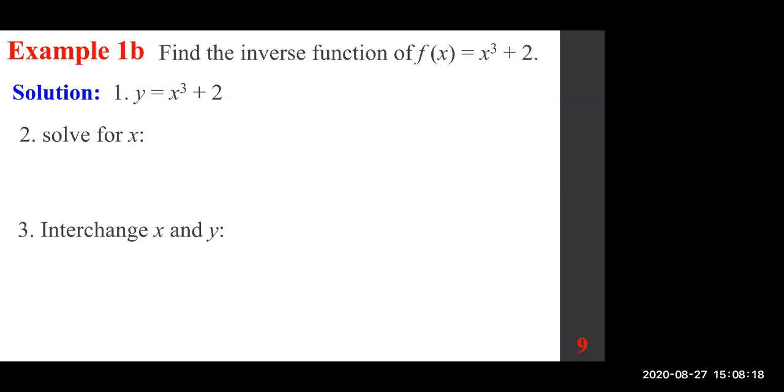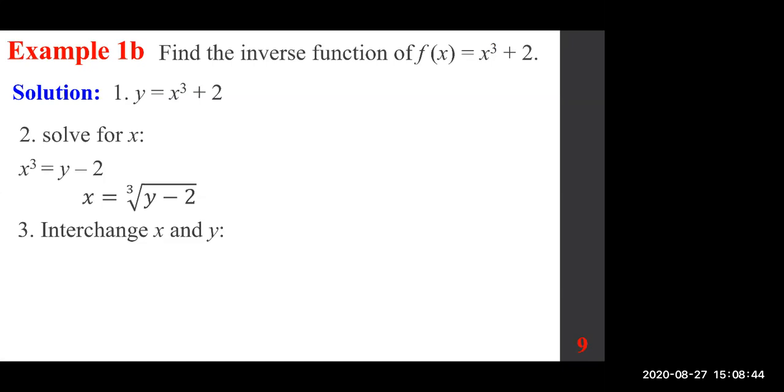Move the number 2 and take a cube root. So we are moving the number 2. Whether you write y minus 2 equals x cubed or x cubed equals y minus 2 makes no difference, class. And so x becomes the cube root of y minus 2, okay?